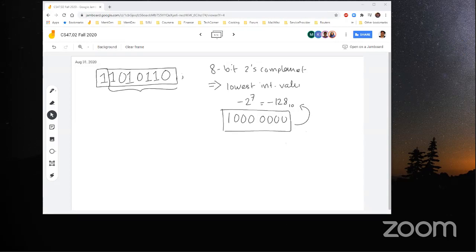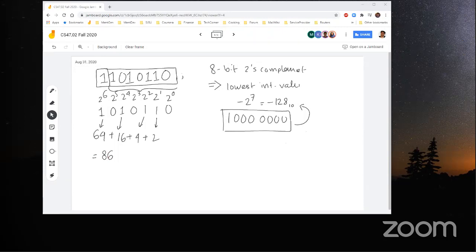These are 2 to the power 0, 1, 2, 3, 4, 5, 6. The bits are 1, 0, 1, 0, 1, 1, 0. We add up 2 to the power 6, which is 64, plus 2 to the power 4, which is 16, plus 4, plus 2. That gives us 20, 22, 82, 86.